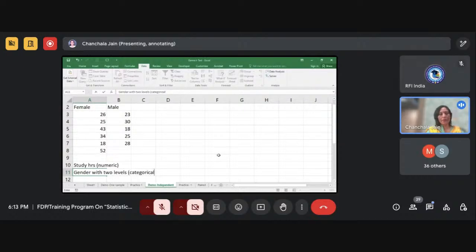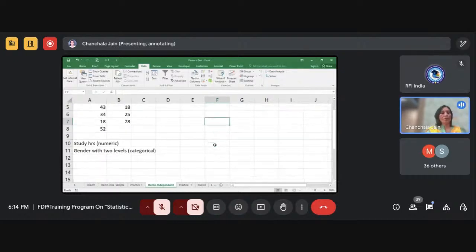Done. Yes, ma'am. Right. So the purpose, as I already told you, is to compare the mean study hours. According to the variables and the purpose, we will go for the independent samples t-test.